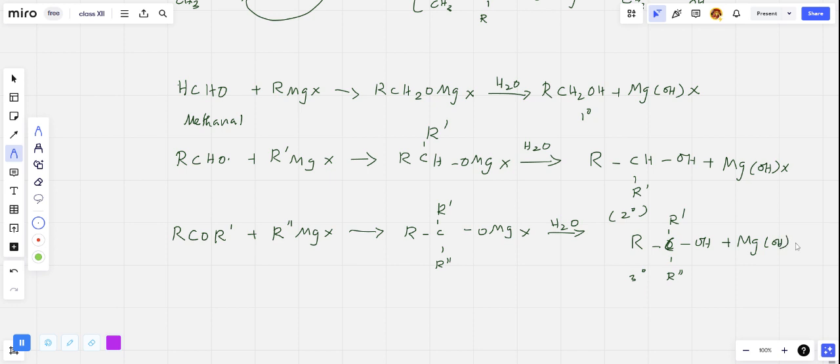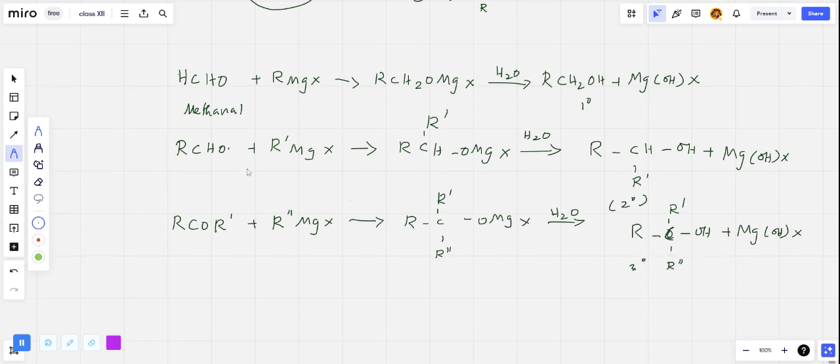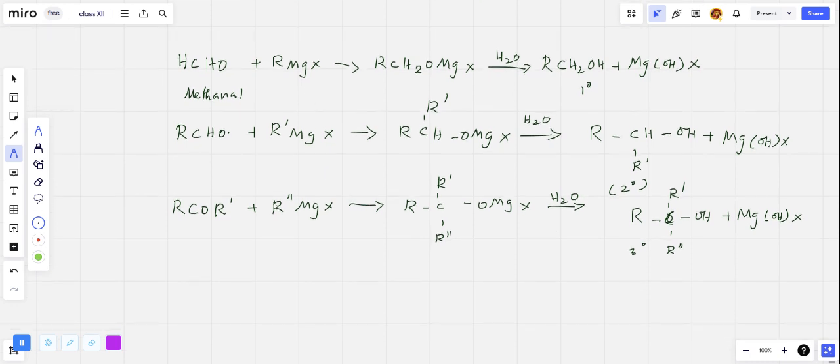So in all the three reactions the byproduct is MgOHX. The reaction produces primary alcohol with methanol, secondary alcohol with any other aldehyde, and tertiary alcohol with ketone. So this Grignard reagent is used to differentiate primary, secondary, and tertiary alcohol.